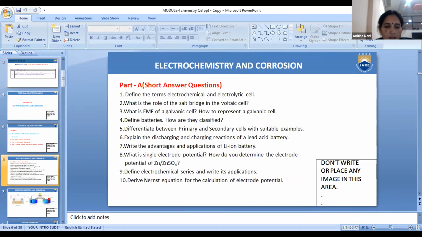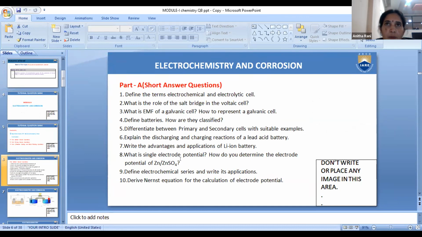So next question, what is single electrode potential? Students, what is electrode potential? Can you answer? We discussed electrode potential. When an electrode is dipped in its own electrolyte solution, tell me what happens.